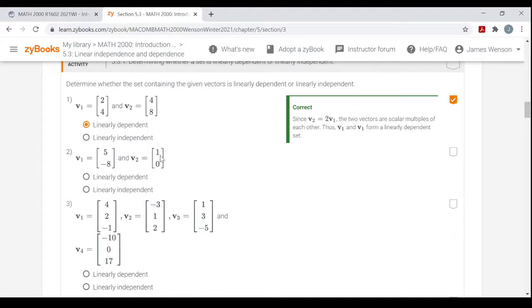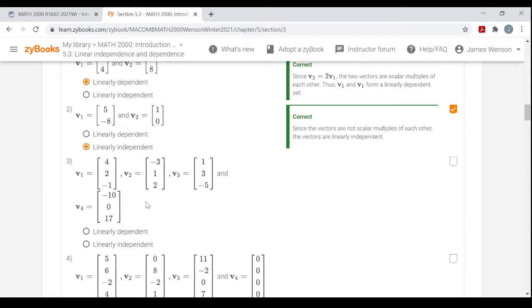No, because to get 1 to be 5, I'd have to multiply by 5. And if I multiply the second vector by 5, I get the vector 5, 0, not 5, negative 8. So these are not scalar multiples of one another, so they are independent. Again, this is only for sets with 2 vectors. Only for sets with 2 vectors is it this quick.